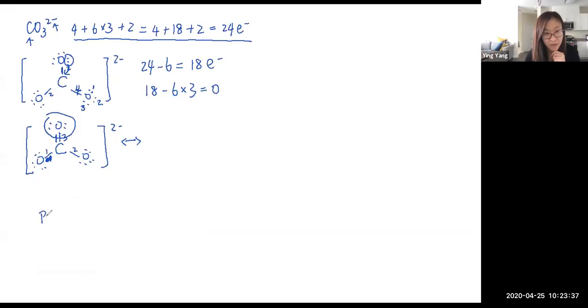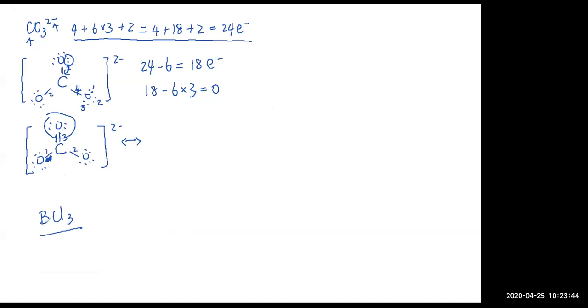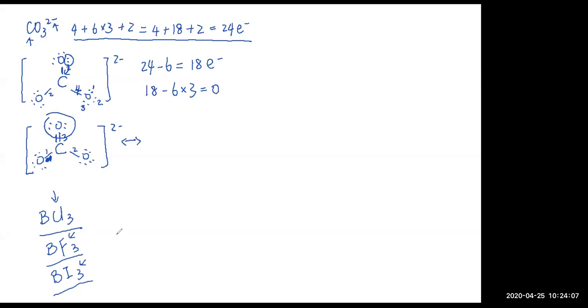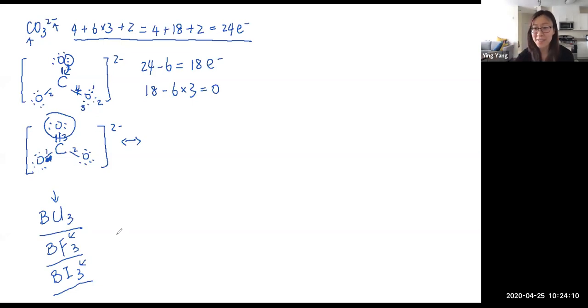When you have boron, we count, and it would be the same for this structure or this structure. And why is that? It's because no matter if it's chlorine, fluorine, or iodine, they have the same number of valence electrons, and their Lewis structure would be the same.